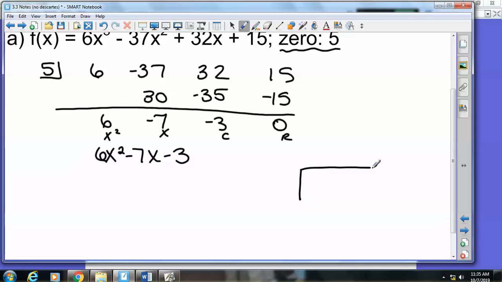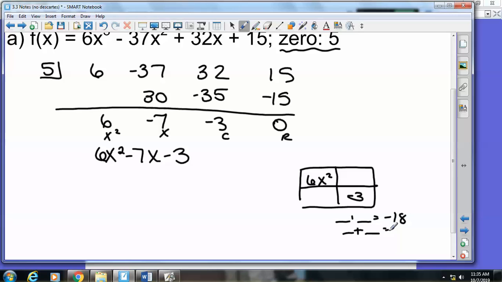So now we're going to have to do box method. My 6 goes here, 6x squared, and my negative 3 goes down here. Those multiply to negative 18. And I need my numbers to add to negative 7. So what would that be?